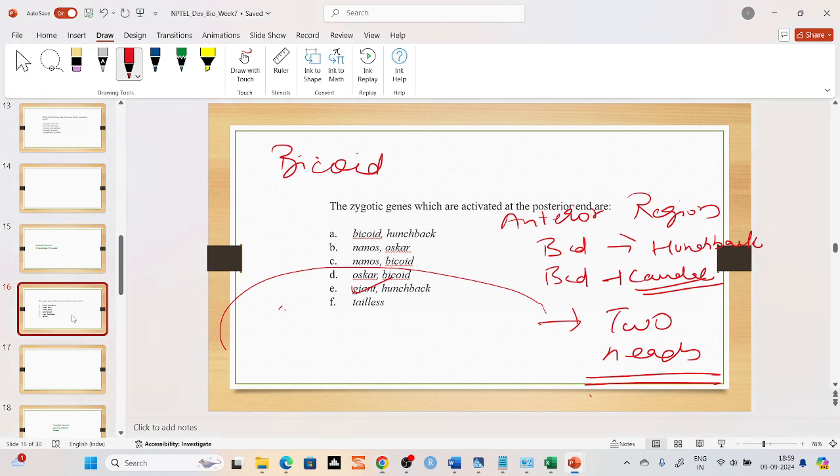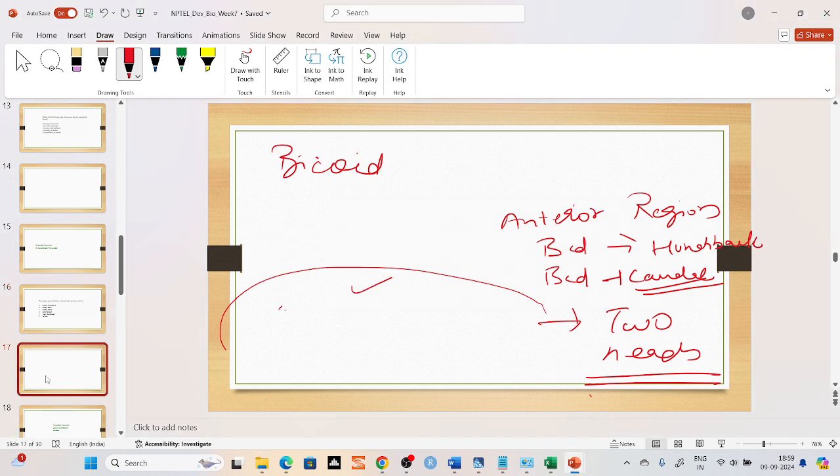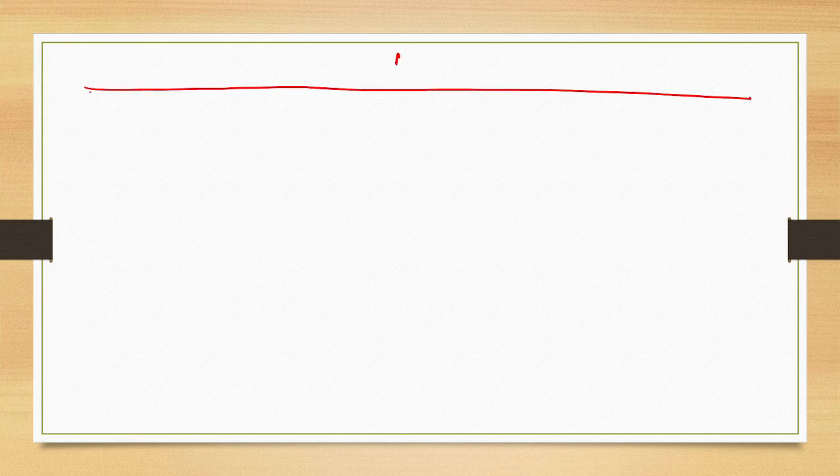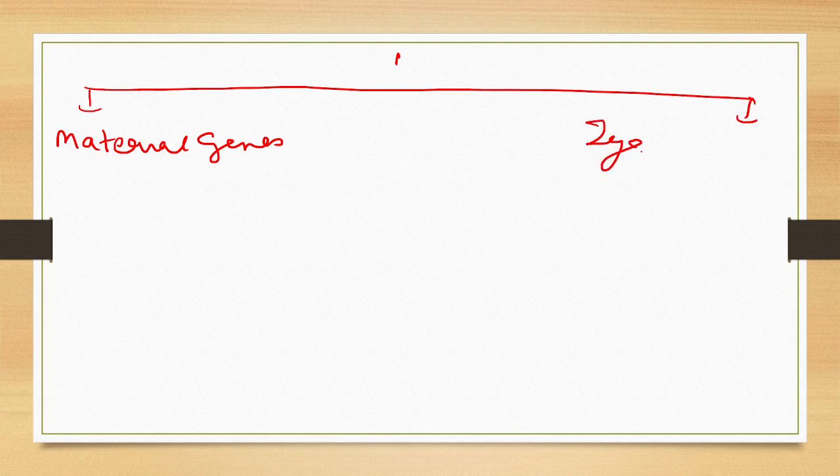So always remember, when we study the various genes, they can be classified into two major groups. First are the maternal genes, and the second are the zygotic genes.